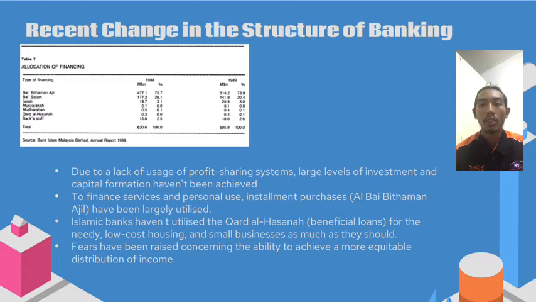Islamic banks haven't utilized the Qard al-Hasan, beneficial loans for the needy, low-cost housing and small business, as much as they should. Fears have been raised concerning the ability to achieve a more equitable distribution of income.